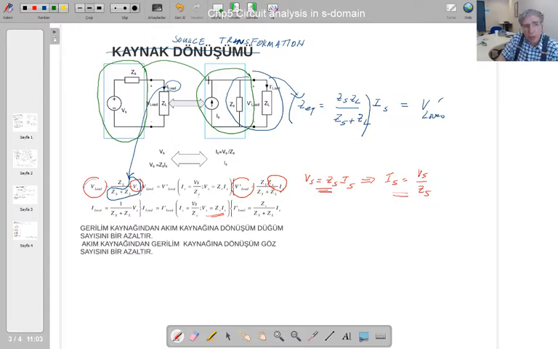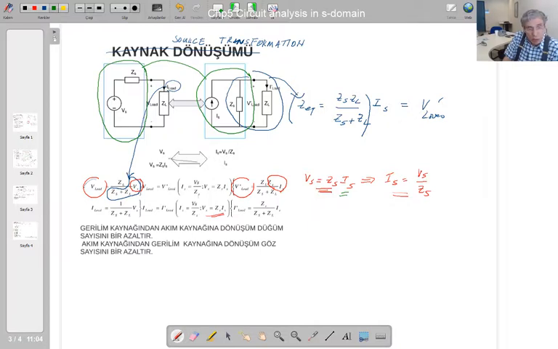So if you do that transformation, we're going to use this ZS is available on the right hand side. To move it to VS, we've got to multiply ZS with IS in order to get the VS value of the left hand side independent voltage source.